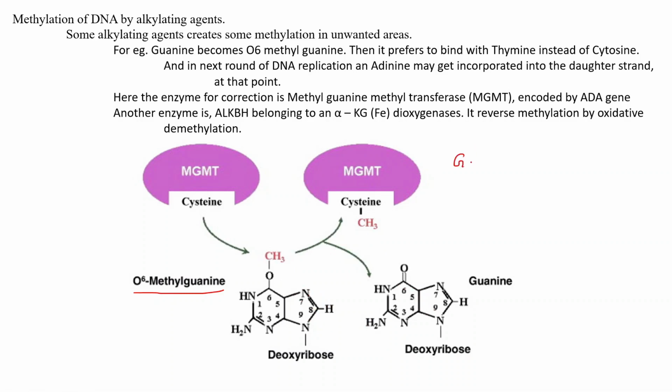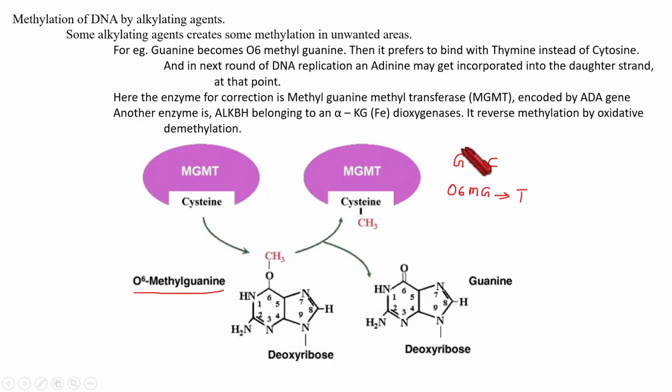Normally in DNA, guanine pairs with cytosine. Okay. So as this guanine gets modified by the addition of a methyl group, it becomes O6-methyl guanine. In this form, it has an affinity to pair with thymine instead of cytosine.